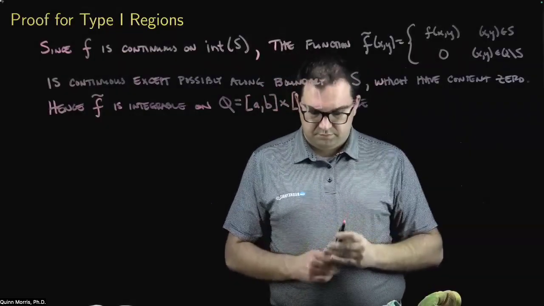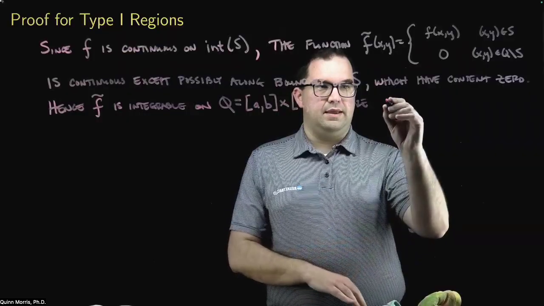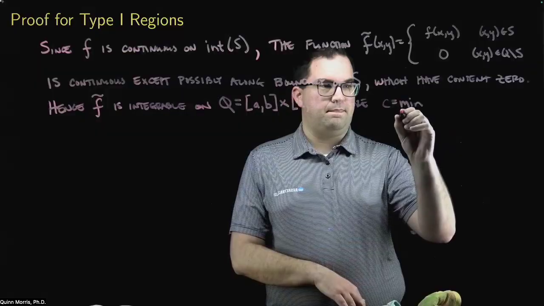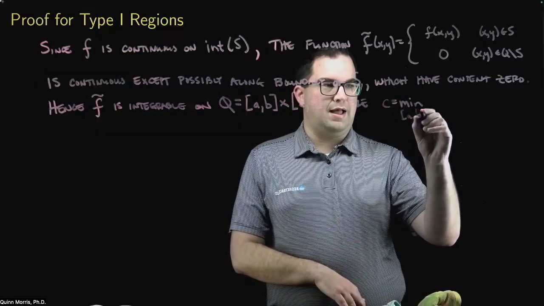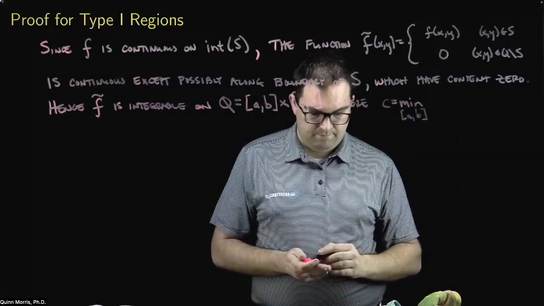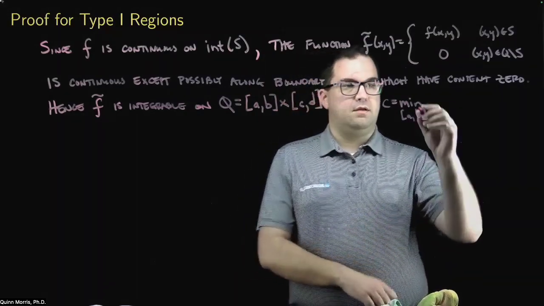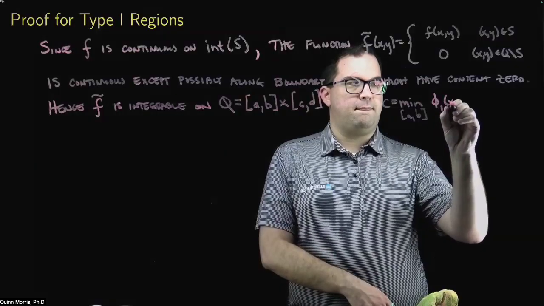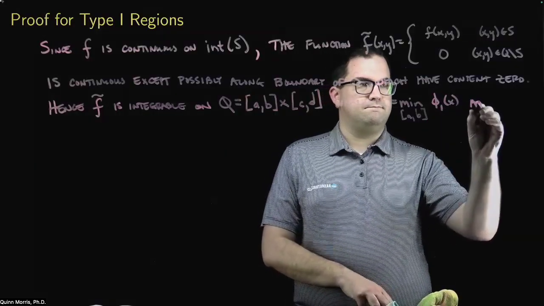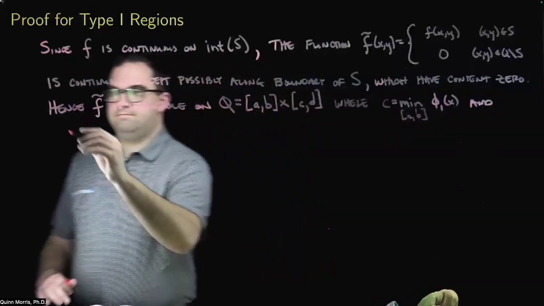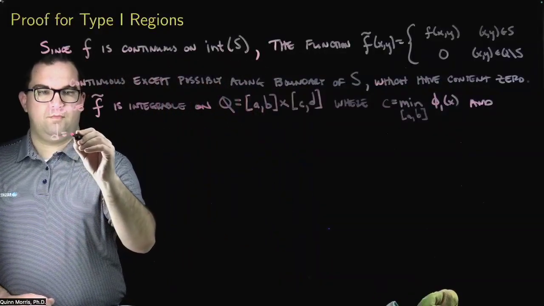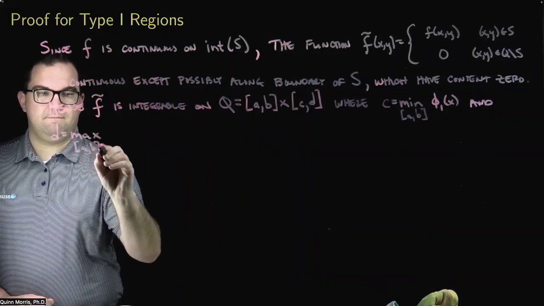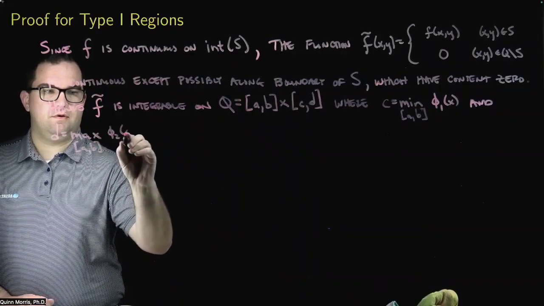C is going to be the minimum, over all x in [a, b], of phi1 of x. And d will be the maximum over [a, b] of phi2 of x.